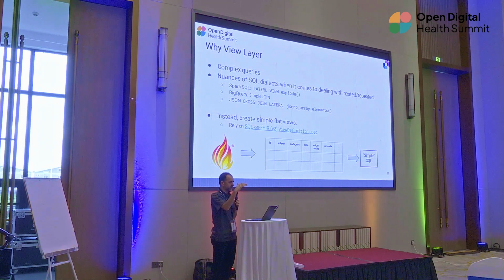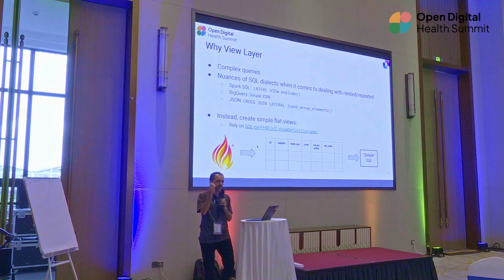And when we talk about flattening the data, it means that if we have any repeated column, then we repeat that row that many times, and we put one of the values in each of the rows, right? So it's basically like this example that comes from the observation example.